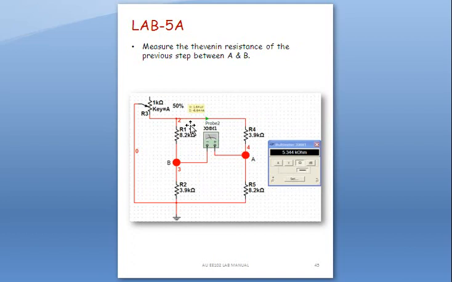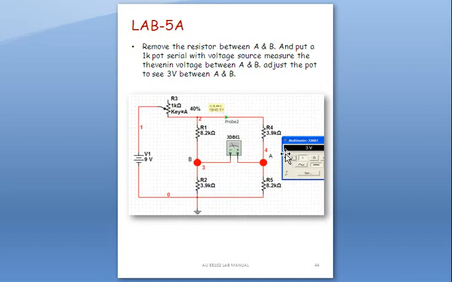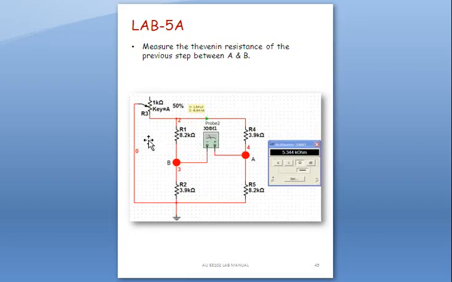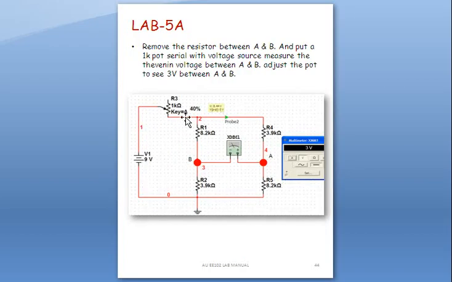And here we have measured the Thevenin voltage. Actually, we have adjusted it to 3 volts. And then we will measure the Thevenin resistance. For that purpose, we have made the voltage source 0 volts, so it's equal to a short circuit. And then, without changing the value of the potentiometer, it should be 40,000, okay?